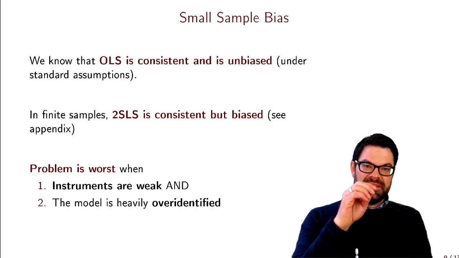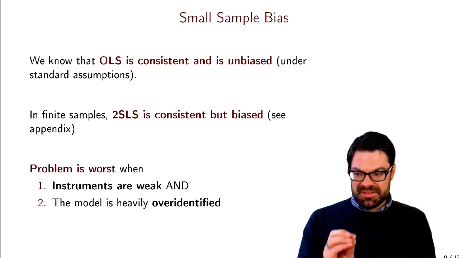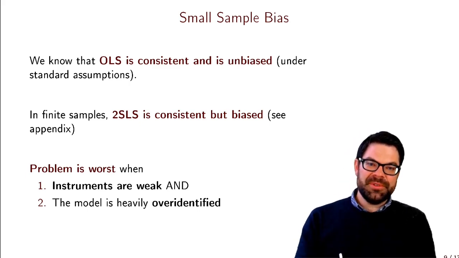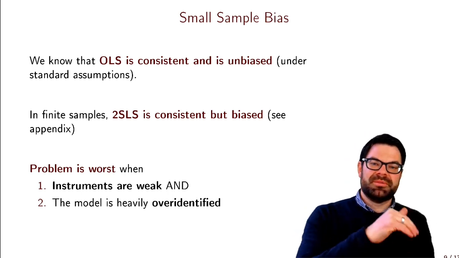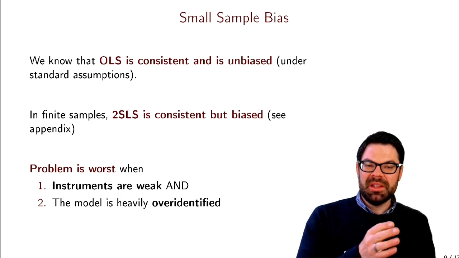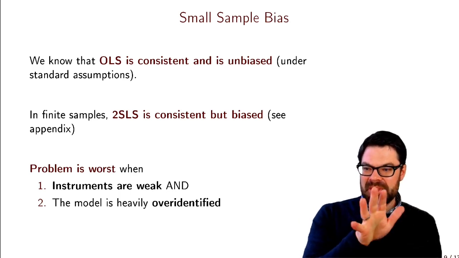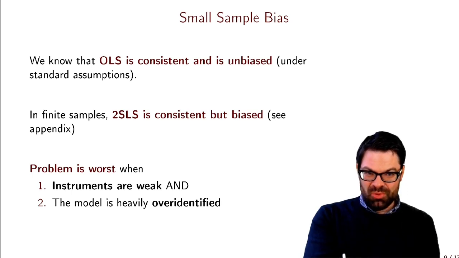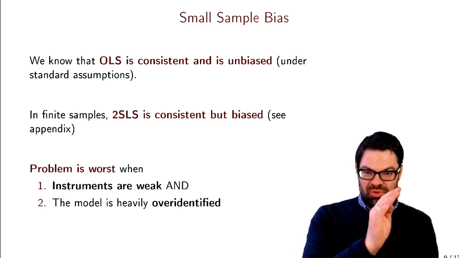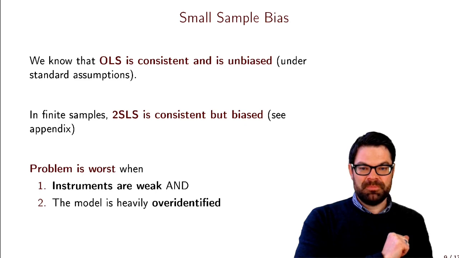And so think about this very carefully. This has huge implications. If you have a sample of infinite size, or a very large sample, and your IV is valid, then it would converge to the true parameter, to the true effect that you're interested in.